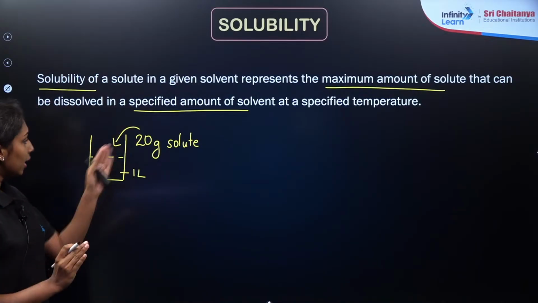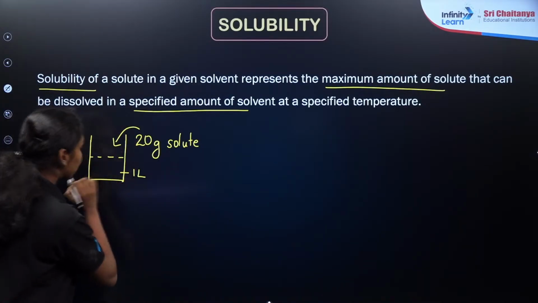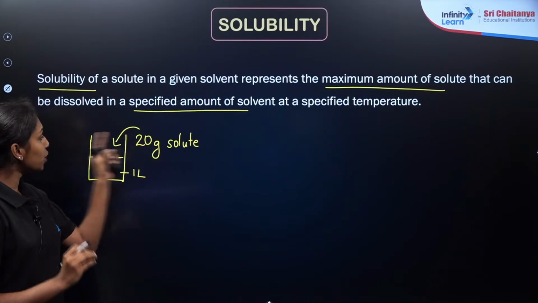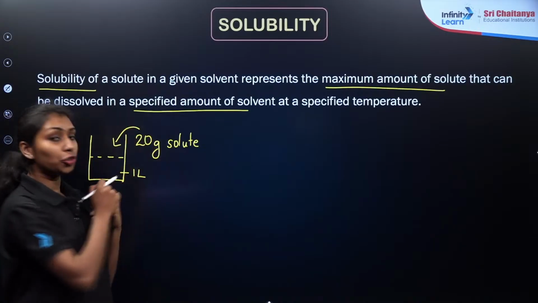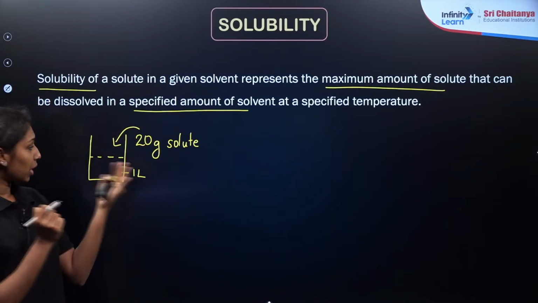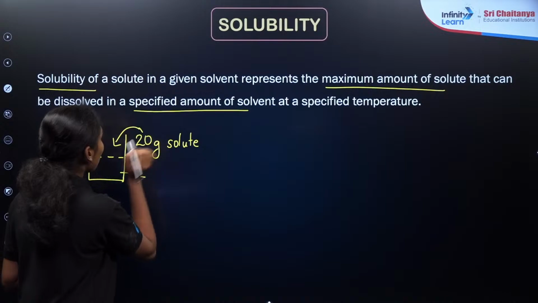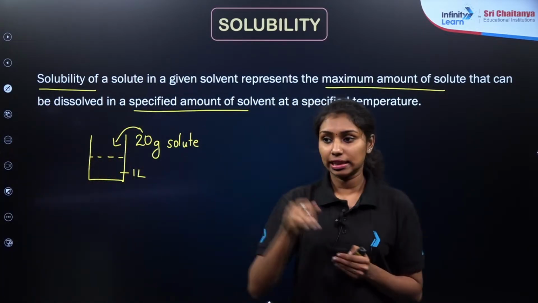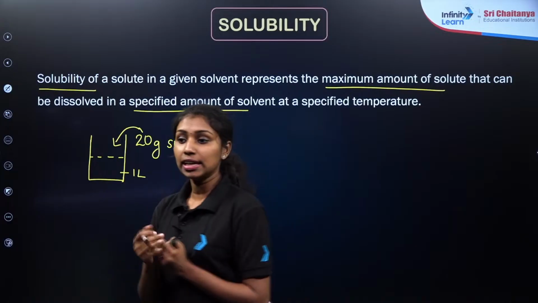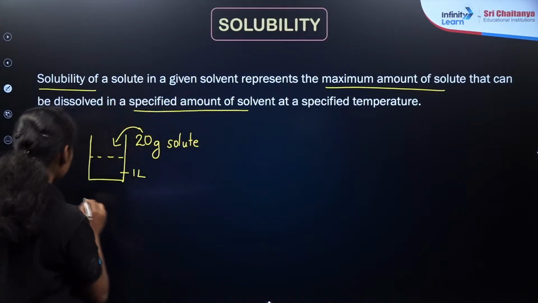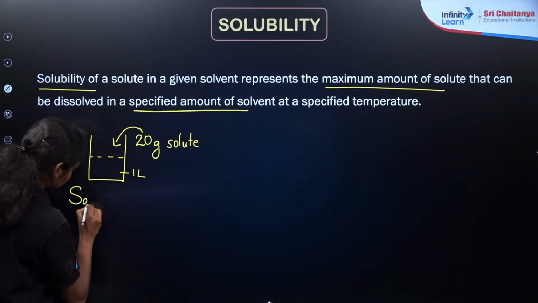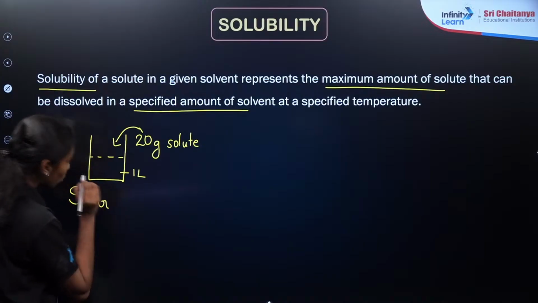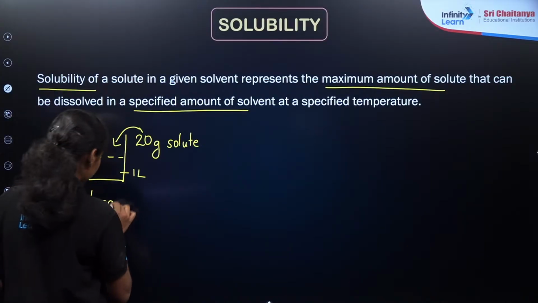So let's say this is a solution containing 1 liter of solvent. I can say that only 20 gram of solute can be added here to become the solution, right? So here I am saying only 20 gram can be added. If I am adding more than that, what will happen to the solution? It will get settled there, right? So there is a particular solution known as a saturated solution in which no more solute can be dissolved.